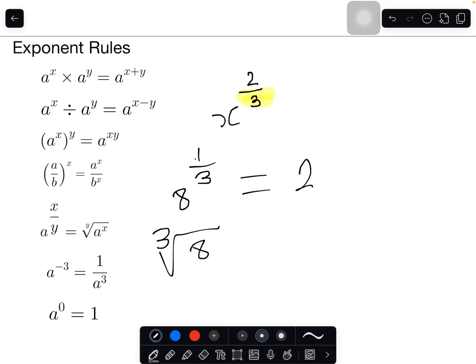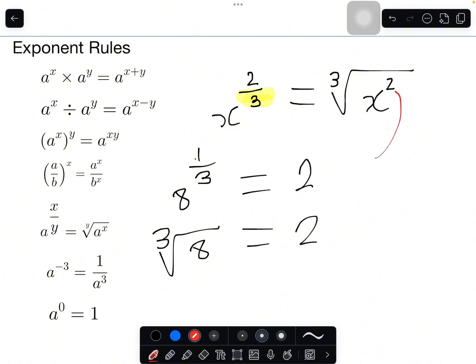So when you have a fraction as your exponent, what you're actually doing is you're applying the root. So for this question here, it'll then become like this. Your numerator, that becomes your numerator, and this is your denominator.